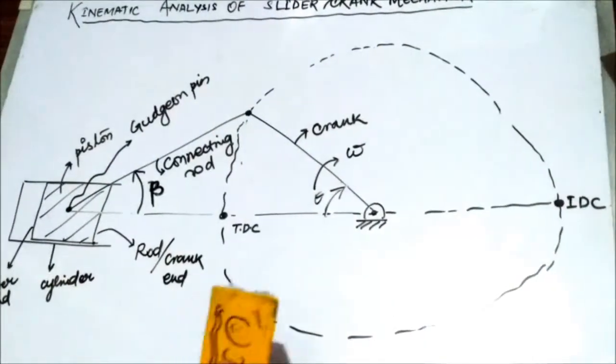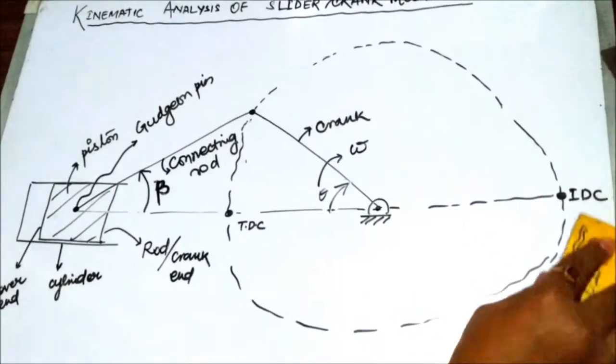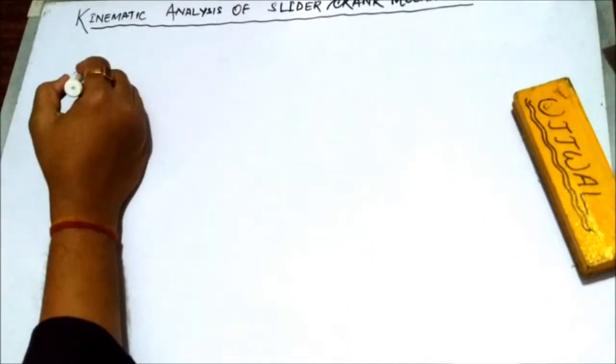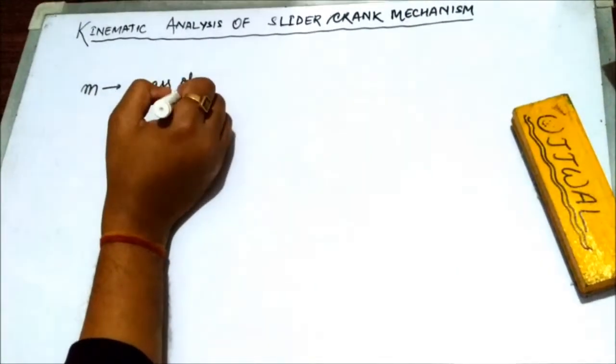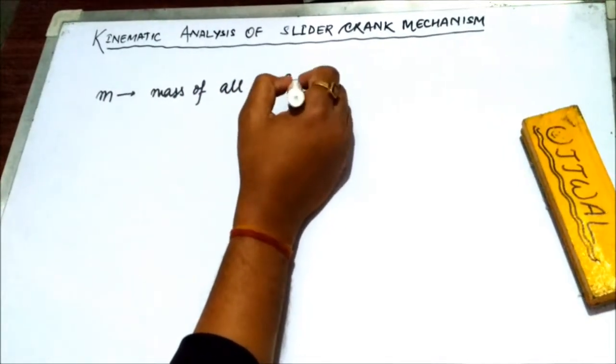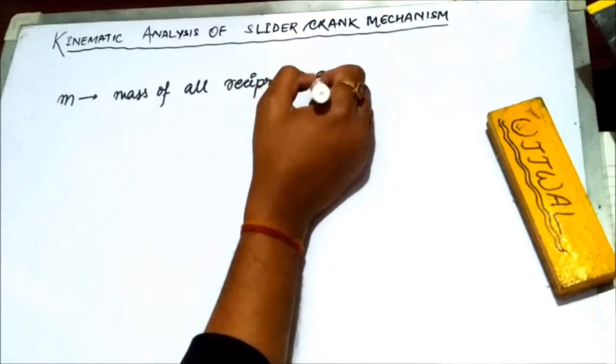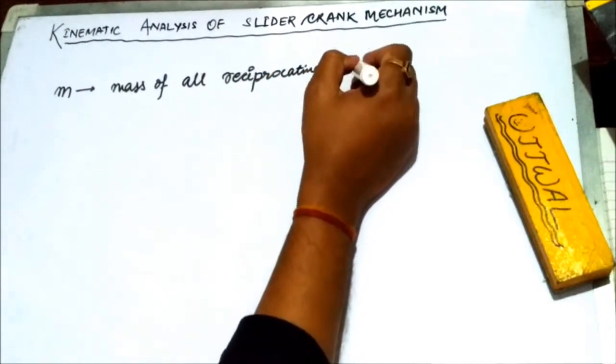Observe carefully, angle theta and angle beta are measured from the top dead center or inner dead center. Clockwise is the theta direction, and anti-clockwise is the beta direction. So always take the sense of theta from the inner dead center or top dead center.